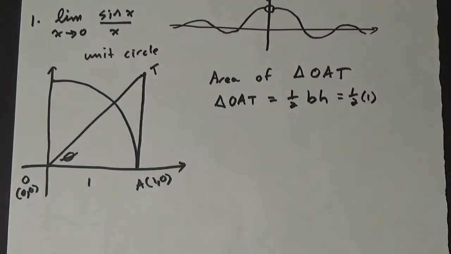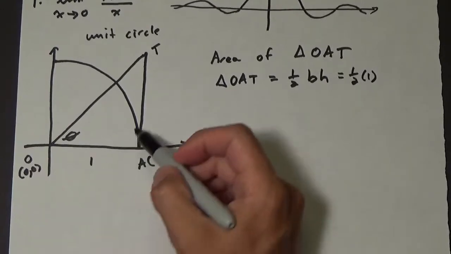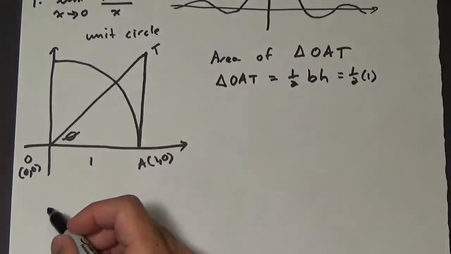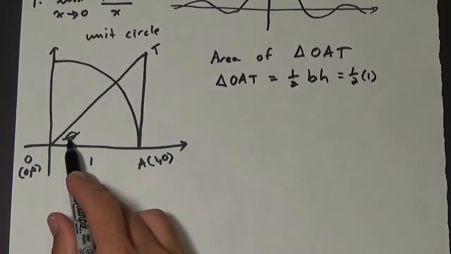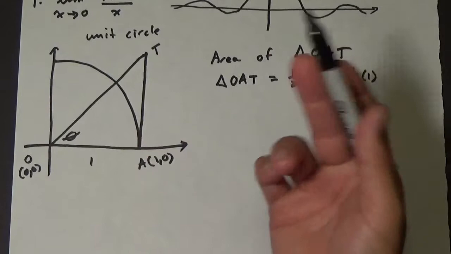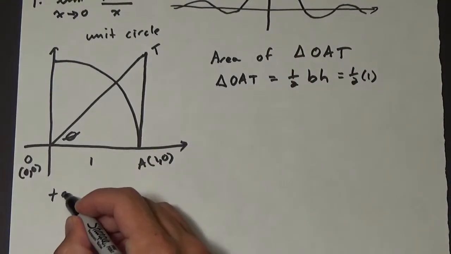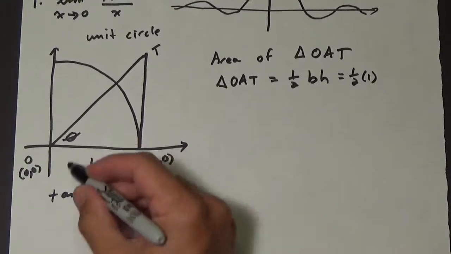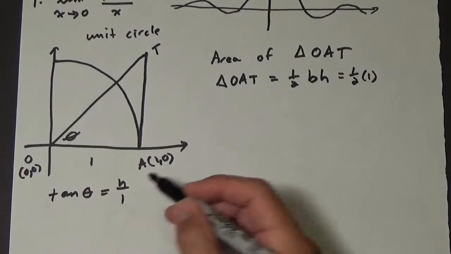Well, this gets a little tricky, but I'll do a little side work over here. This is a right triangle, so let's use right triangle trigonometry. If this is our angle theta, and we have this side and we need the opposite, well, that's the tangent. So we know the tangent of theta is the opposite h over the adjacent 1.